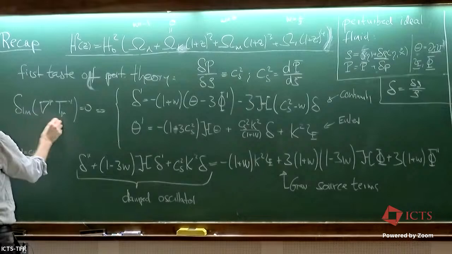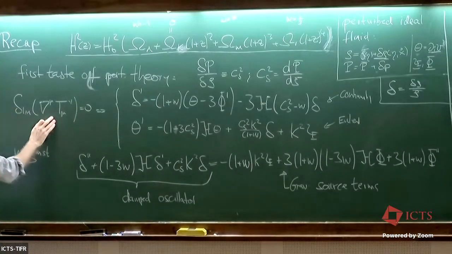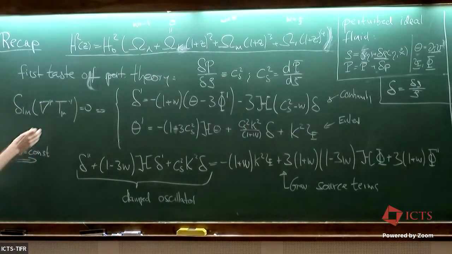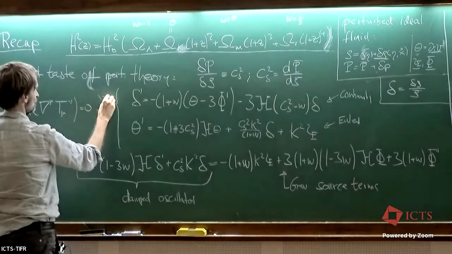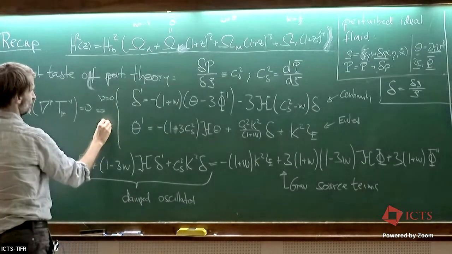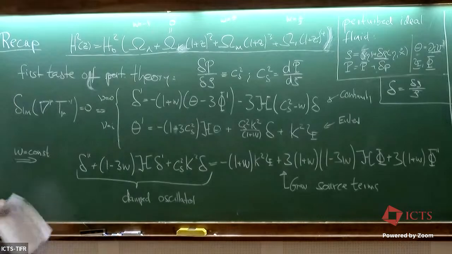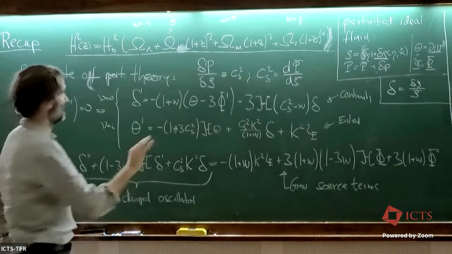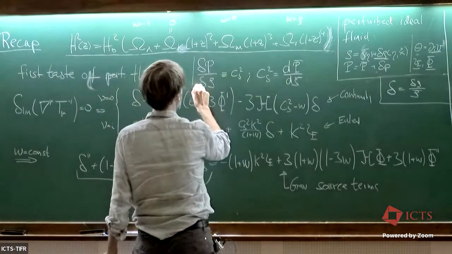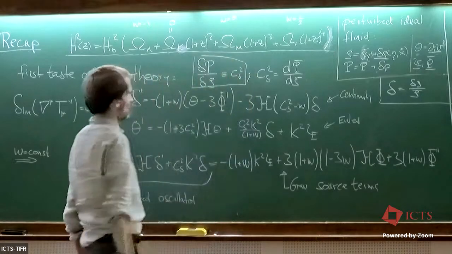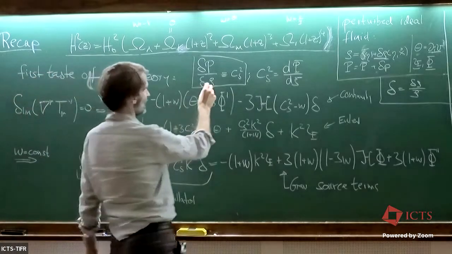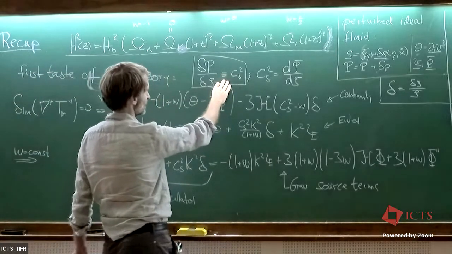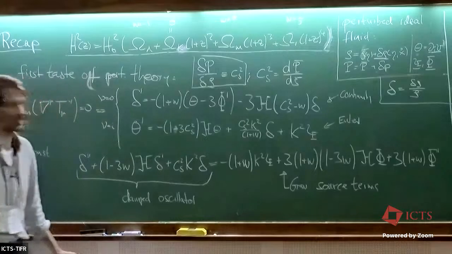So I just stated the result of what happens if you perturb the energy momentum tensor. It's an equation with one open index, so you look at the nu equals 0 component and the nu equals i component, and you get two equations. I already made some assumptions about the pressure perturbations and energy density perturbations being adiabatic, which means they relate to the sound speed in a particular way.